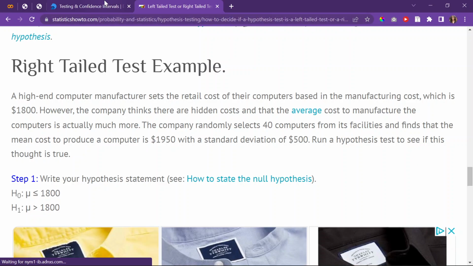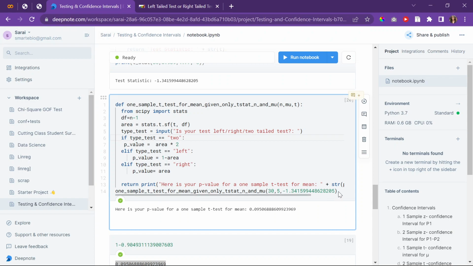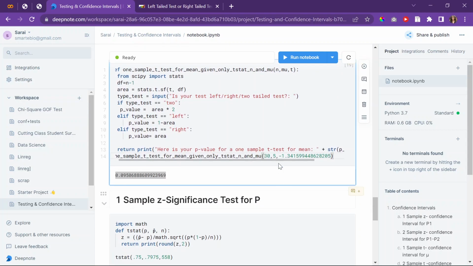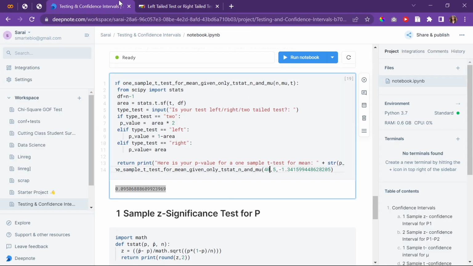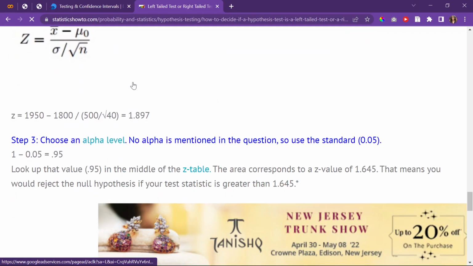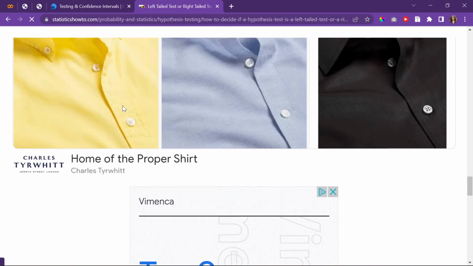The company randomly selects 40. Let me just make sure that this is right in all locations. So we have 40. Our value is 1,800. What's the other one? Our test statistic. What is it? No! Why is it a Z?